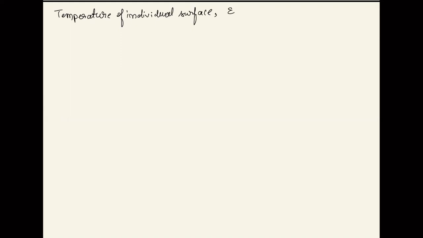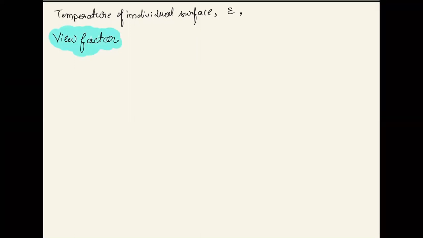Emissivity is the ratio of the emission of the surface divided by the emission of a black body at that particular temperature. And there is one more factor that we now need to discuss, which is called the view factor, or also your shape factor. So what is view factor or shape factor? We'll be discussing this.